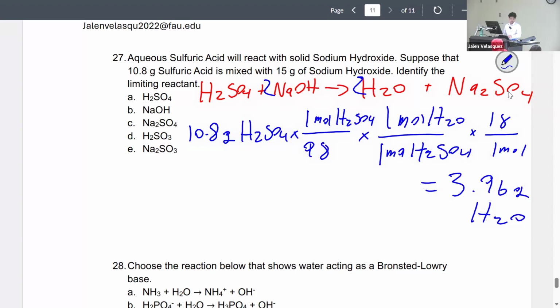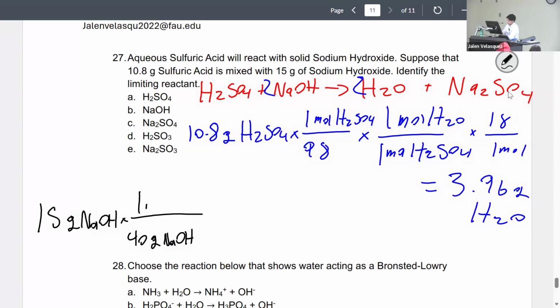And then you've got to do the same thing for the sodium hydroxide, right? So 15 grams NaOH, grams to moles. Moles to moles, right? So you're gonna use the mole ratio.